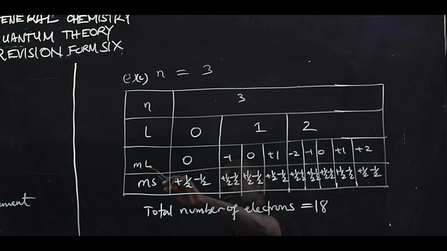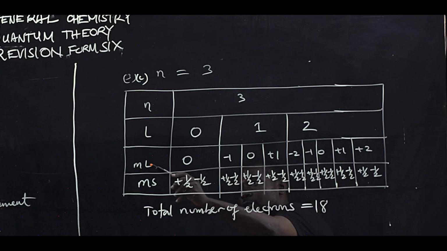So the value of m l for l equal to 0 is 0. And the values of m l for l equal to 1 range from negative 1 to positive 1 through 0, so they are negative 1, 0, and positive 1.